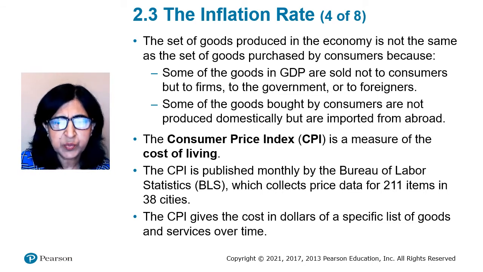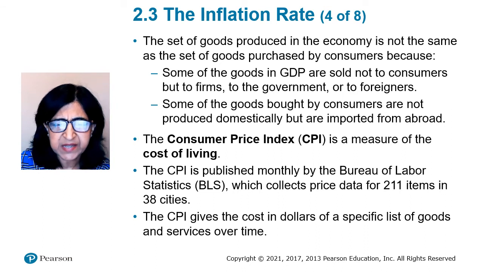The set of goods produced in the economy is not the same as the set of goods purchased by consumers because some of the goods in GDP are sold not to consumers but to firms, to the government, or to foreigners. Some of the goods bought by consumers are not produced domestically but are imported from abroad.